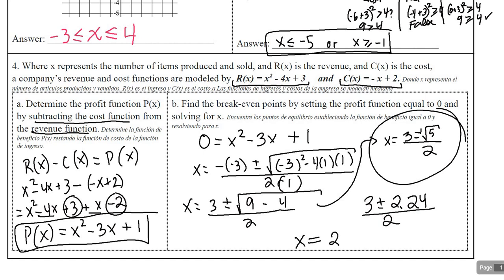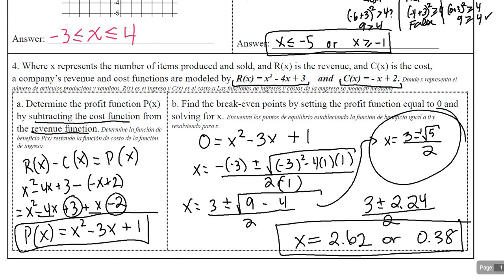Oh, I need to produce 2.62 items to break even, or 0.38 items to break even.